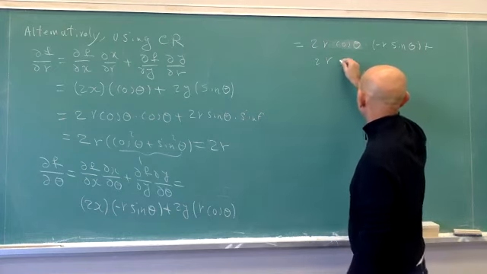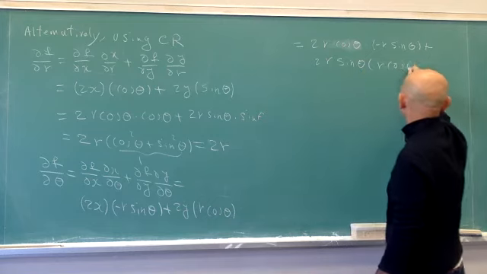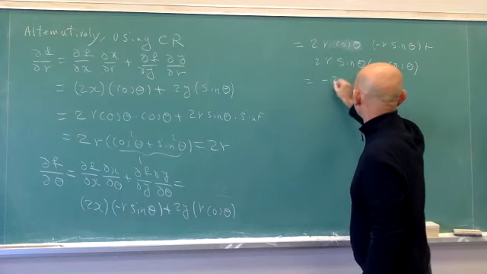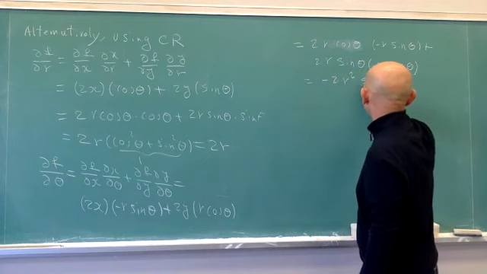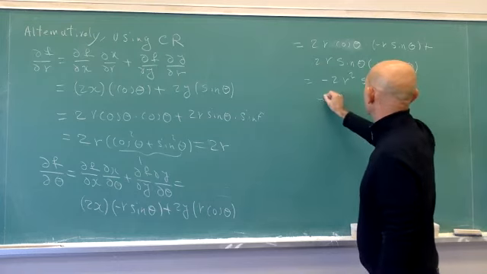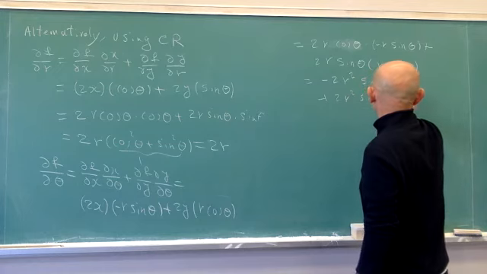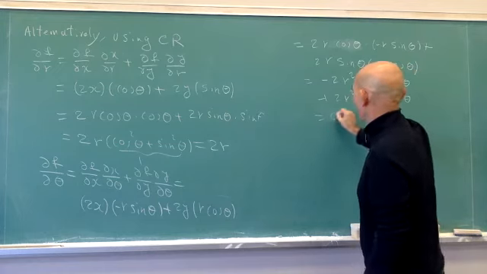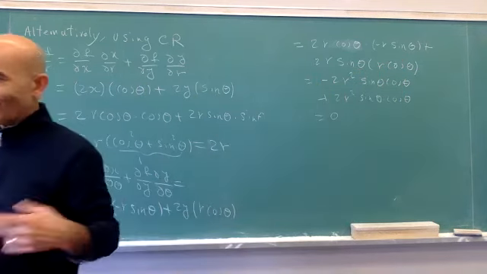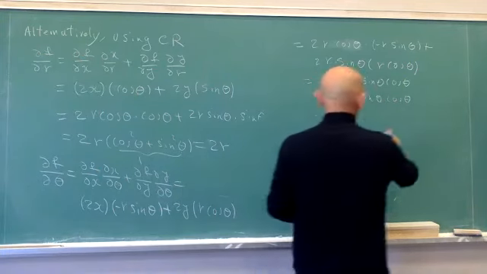Yes, y is r sine of theta. Good. So we get negative 2r squared sine theta cosine theta plus 2r squared sine theta cosine theta. So they cancel after all, but this is a longish calculation that we had to do compared to the first one, right?